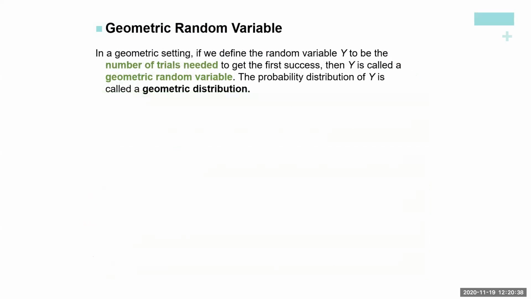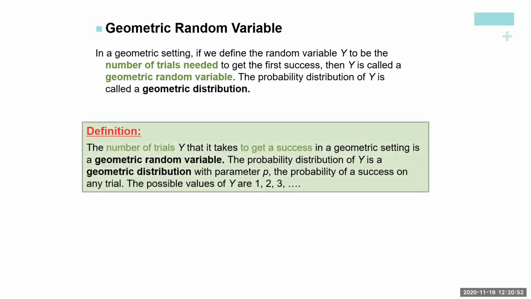So in a geometric setting, if we define the random variable y to be the number of trials needed to get the first success, then y is called a geometric random variable. The probability distribution of y is called a geometric distribution. Again, the key difference: the number of trials y that it takes to get a success in a geometric setting is a geometric random variable.